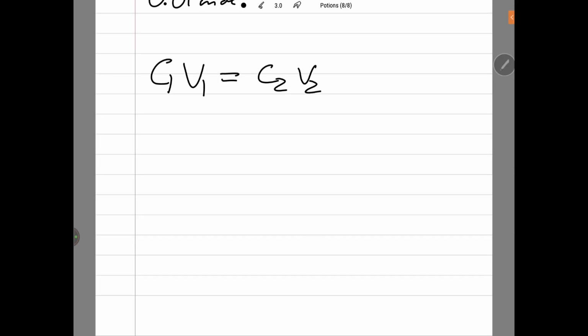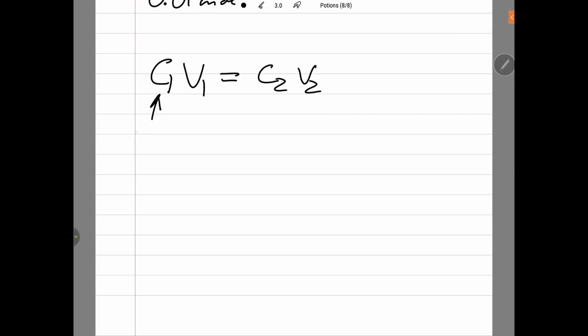Have you seen that equation? C1V1 equals C2V2. A lot of people have seen that. Those of you who haven't done chemistry, it is just the abbreviated form of what we have done in the last 10 minutes.